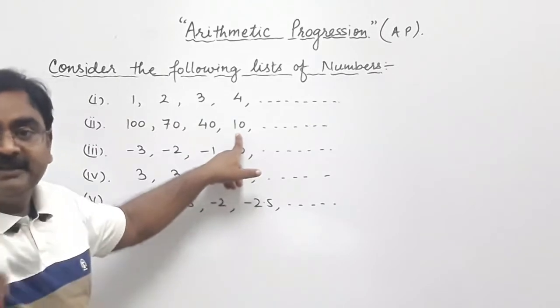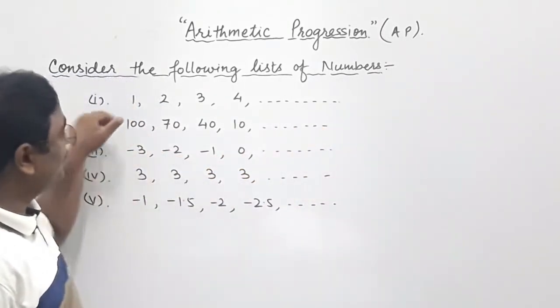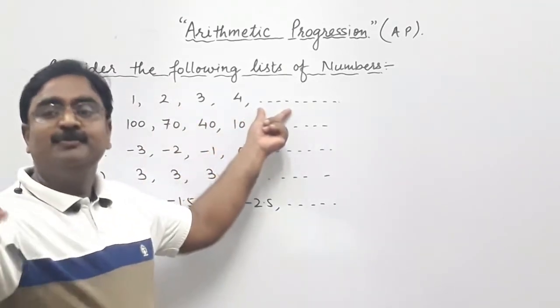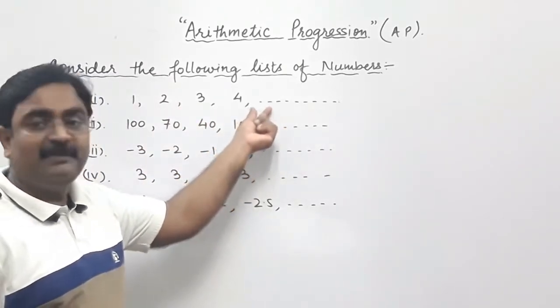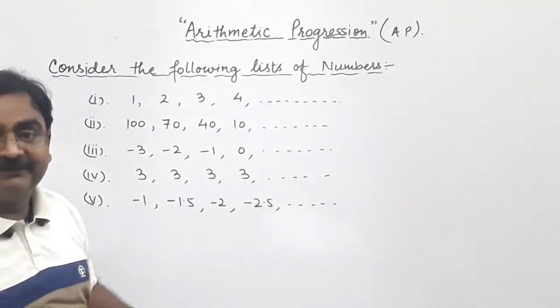Similarly, you can get its next term also. Like in the first example, if you want to find its next term, what will it be? 4 plus 1 is 5.